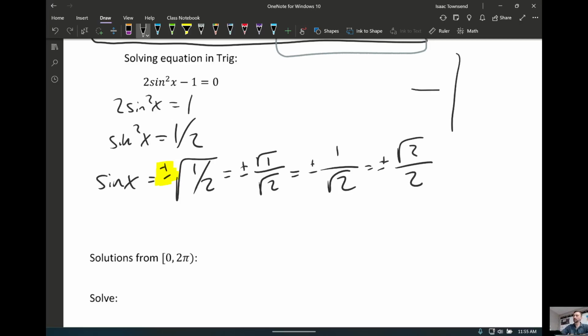But the solution to this would be anywhere where sine is positive square root of 2 over 2, and negative square root of 2 over 2. If you forget the plus or minus, you're only going to get 2 of those four.